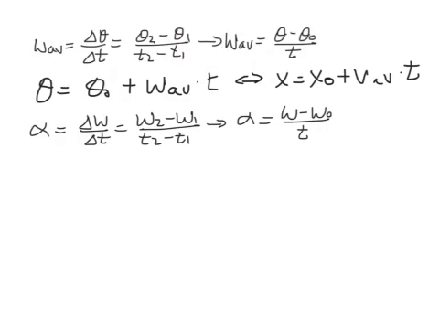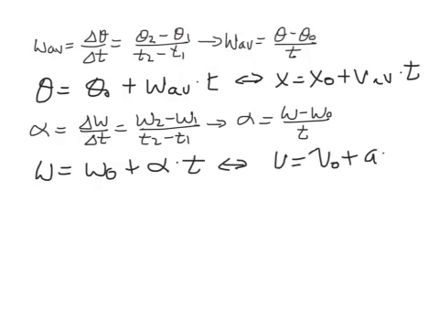And then we can rewrite this as omega is equal to omega naught plus alpha times time. This is analogous to the equation we wrote that v is equal to v naught plus the acceleration times the time. And so they look just the same, except the v's are replaced by omegas, right? And the acceleration is replaced by alpha.